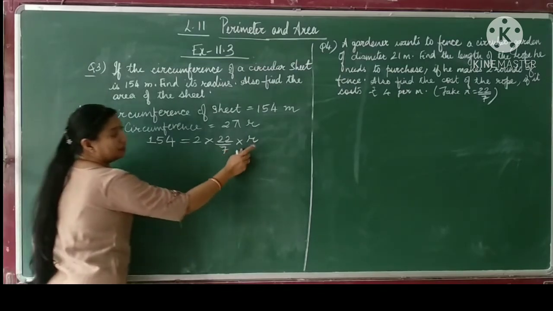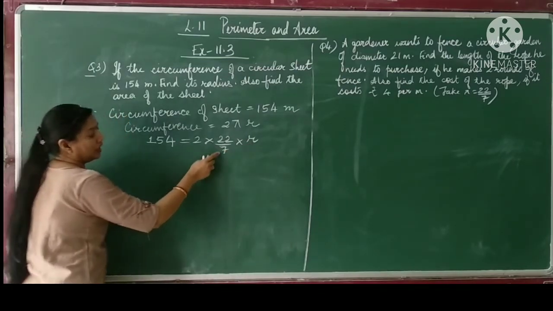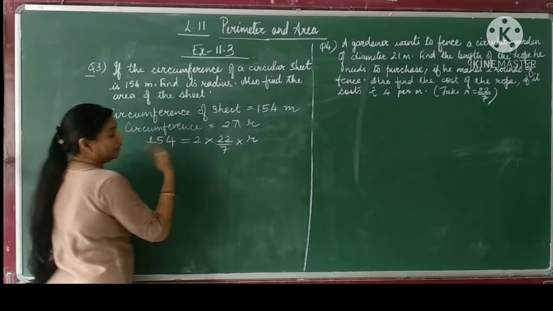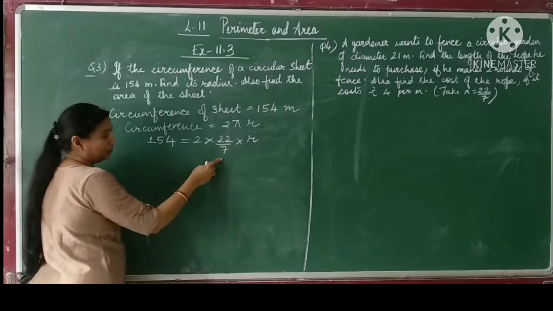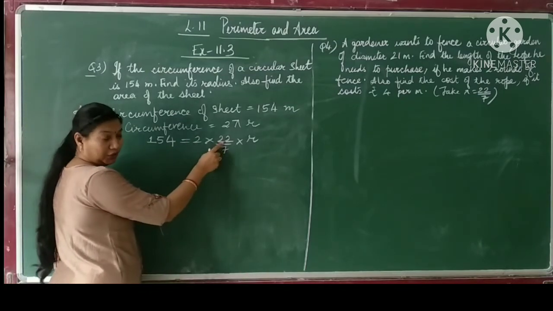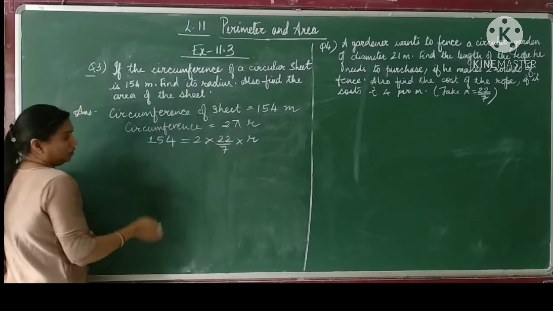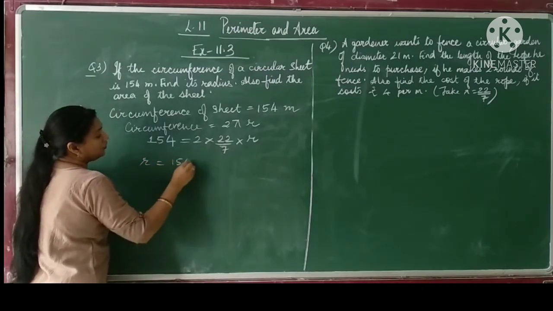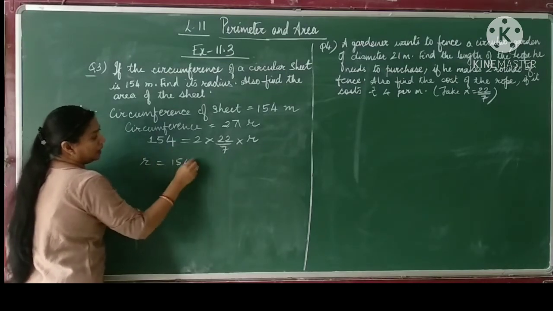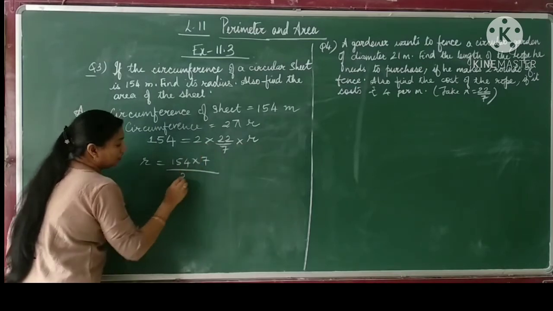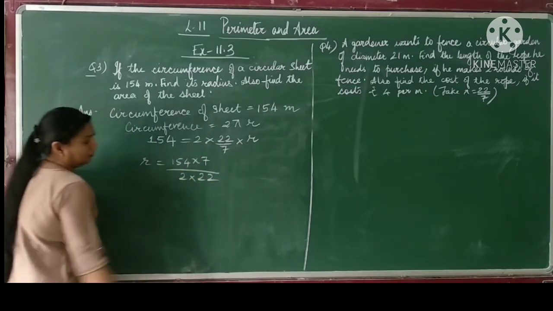Now to find the r, you have studied in the equation, we can take the other constants on the other side of the equation. So 7 is in denominator, it will go in numerator. 2 and 22 are in numerators, it will come in denominator.